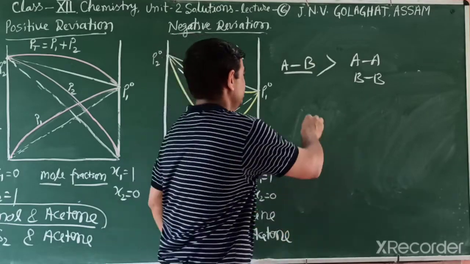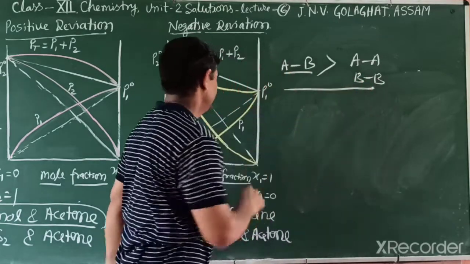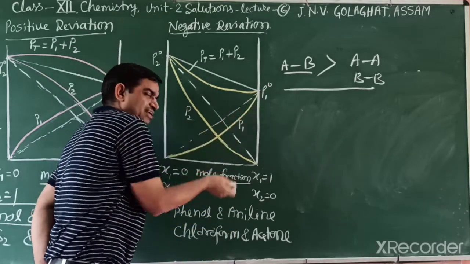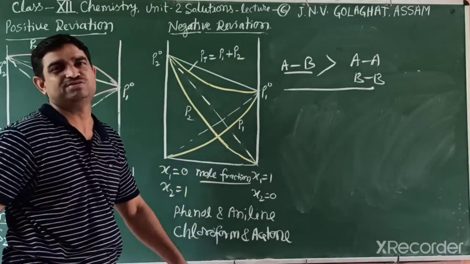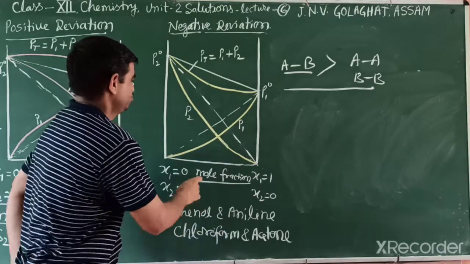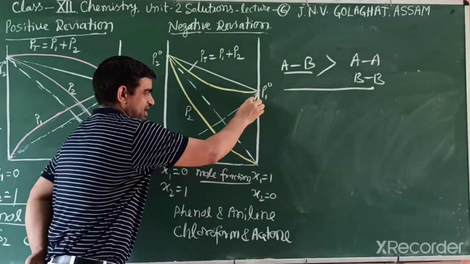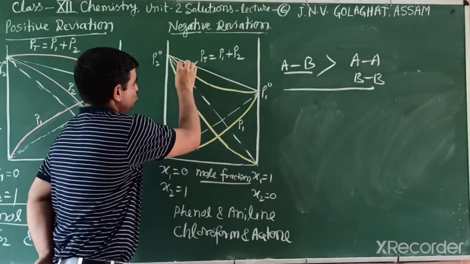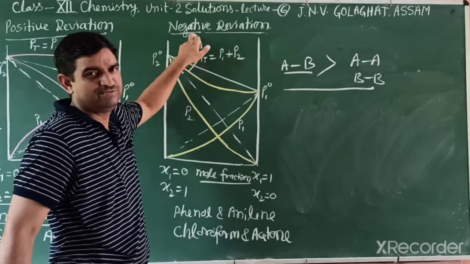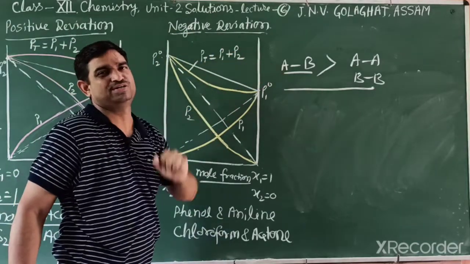If the force is stronger, then what happens? Molecules are less vaporized, they do not move outside, like students do not move outside from the class. So their overall vapor pressure decreases, and the total vapor pressure also decreases. So this is known as negative deviation from Raoult's law.